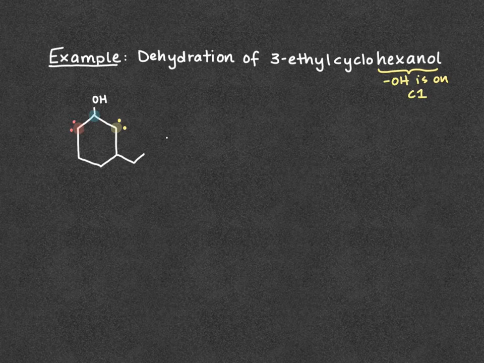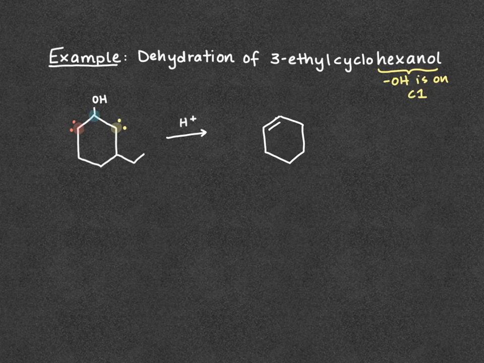So when we place this molecule in the presence of a strong acid, if we were to remove a hydrogen from that red carbon, so I'll do that first, our double bond will go here, and our ethyl group will still be there. And we have water as our byproduct.